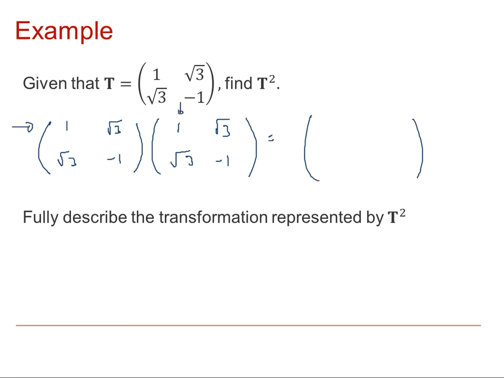and if you calculate that, taking the first row multiplied by the first column gives us 1 plus root 3 squared, so that's 1 plus 3 is 4. And if you then look at multiplying by the second column, then we've got root 3 and then minus root 3, so 0. And moving down to the second row, you'll see that we get 0 the first entry and 4 in the second one.